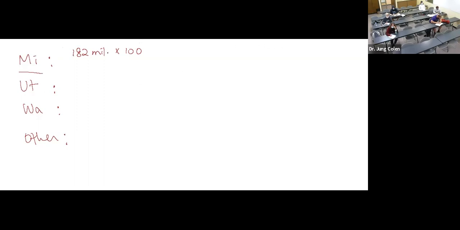So think about this. If we combine all of this cherry produce together, Michigan is the most, right? It's more than half. More than half goes to Michigan. And Utah, I'm just making this up, okay?